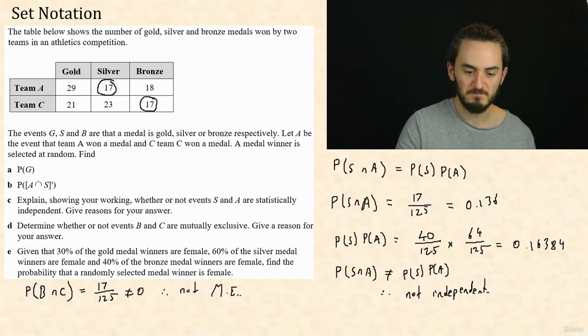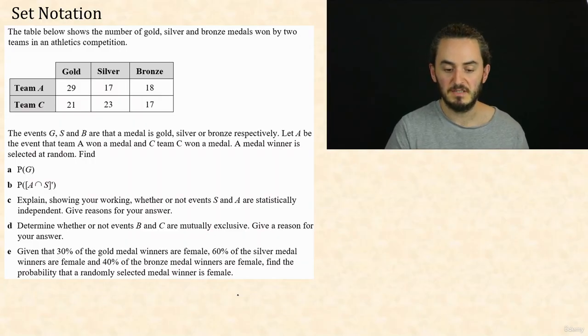Okay, last question. Given that 30% of the gold medal winners are female, 60% of the silver medal winners are female, and 40% of the bronze medal winners are female, find the probability that a randomly selected medal winner is female. We better find out how many female winners there are.